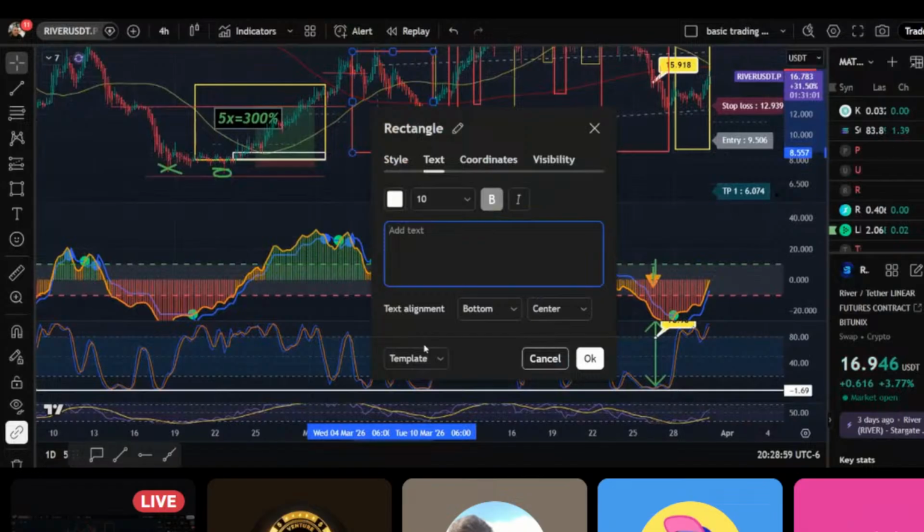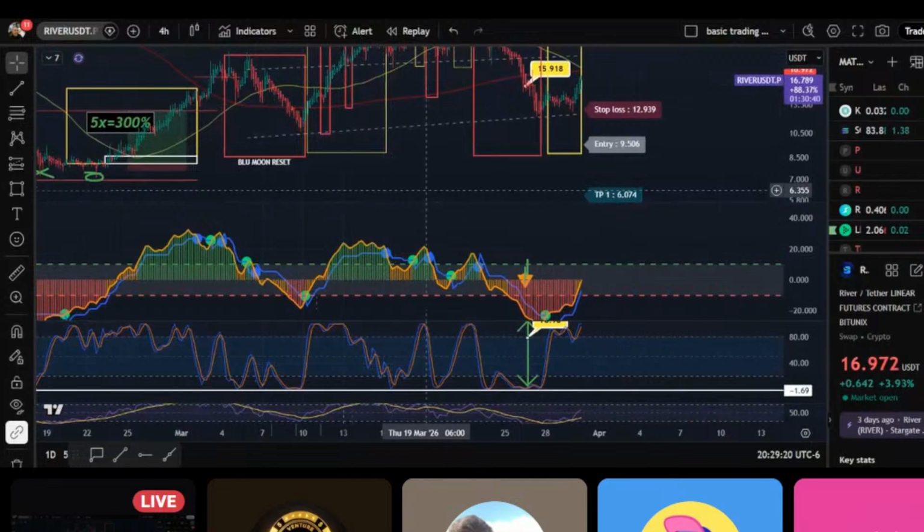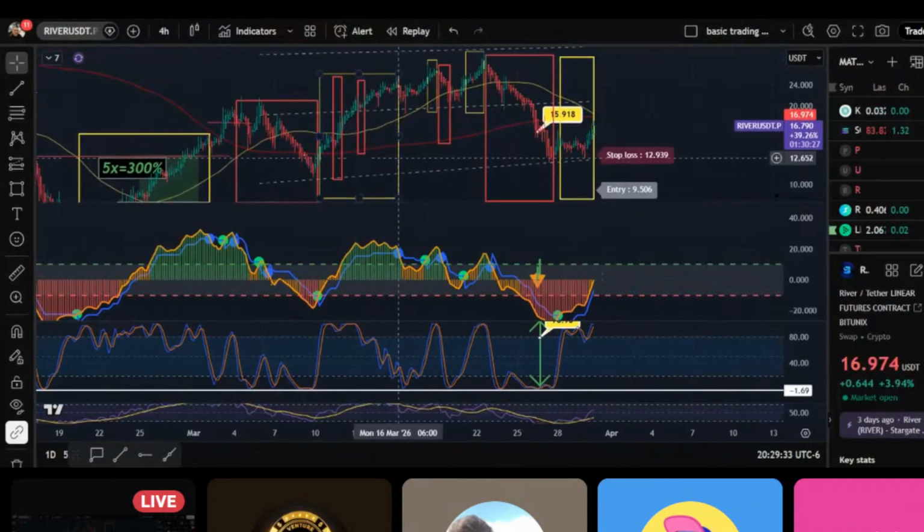So this is the blue moon reset. We can actually have the blue moon reset here as well.